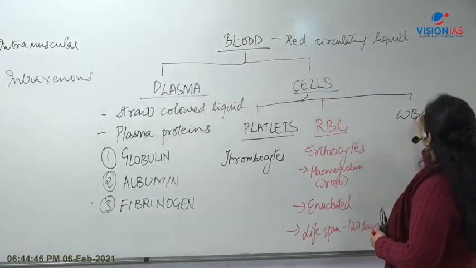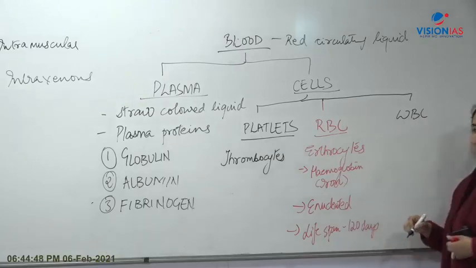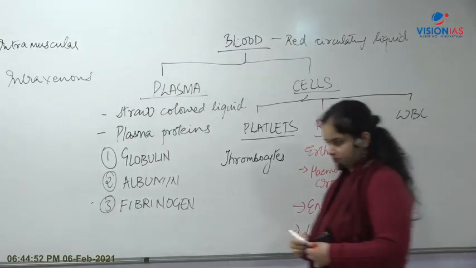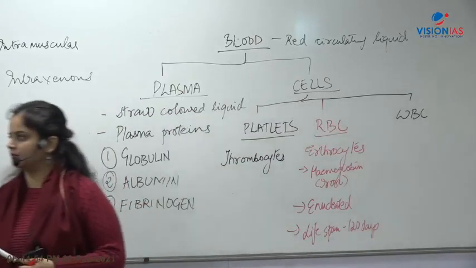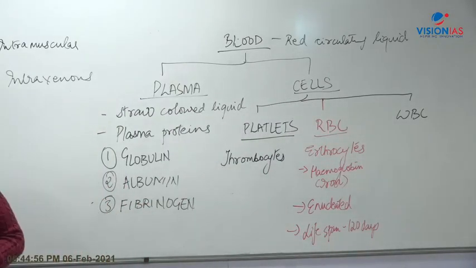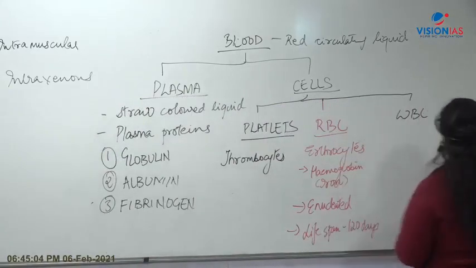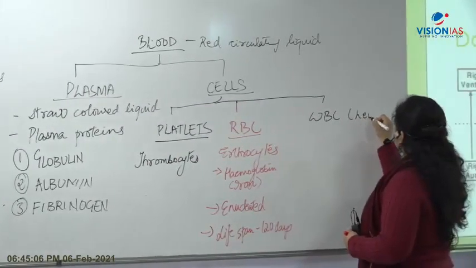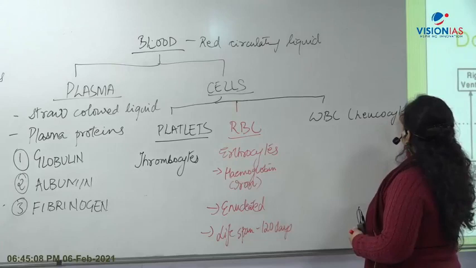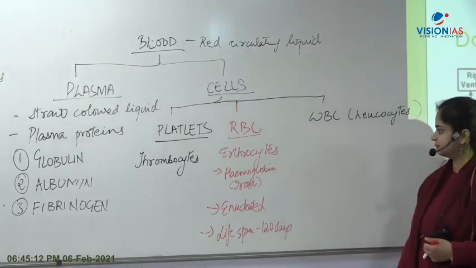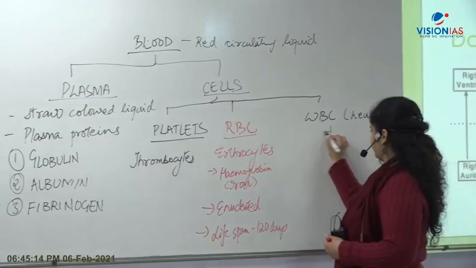Then you have white blood cells. They are called leukocytes. Leukocytes. They are of two types.